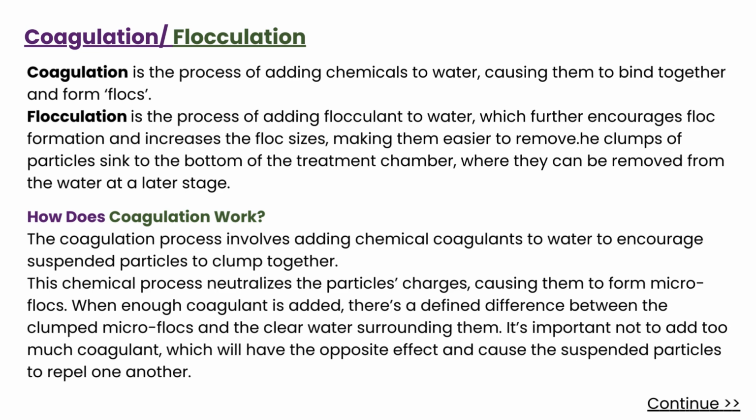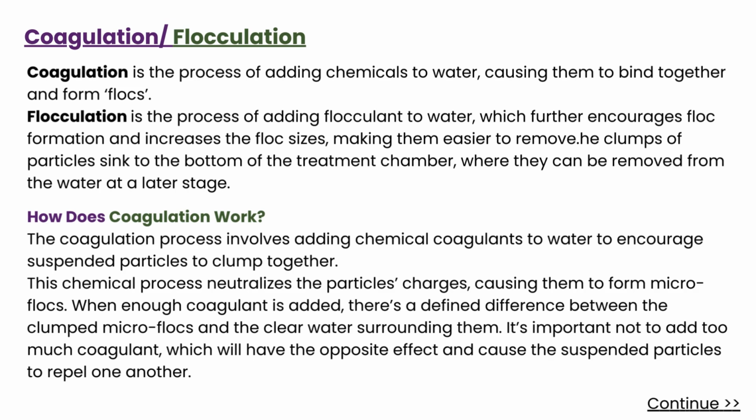Coagulation is the process of adding chemicals to the water, causing particles to bind together and form flocs. How does the coagulation work? In the coagulation process we have to add chemicals to the water to encourage suspended particles to clump together. They start coming together. This chemical process neutralizes the particles' charge, which is negative, causing them to form microflocs.